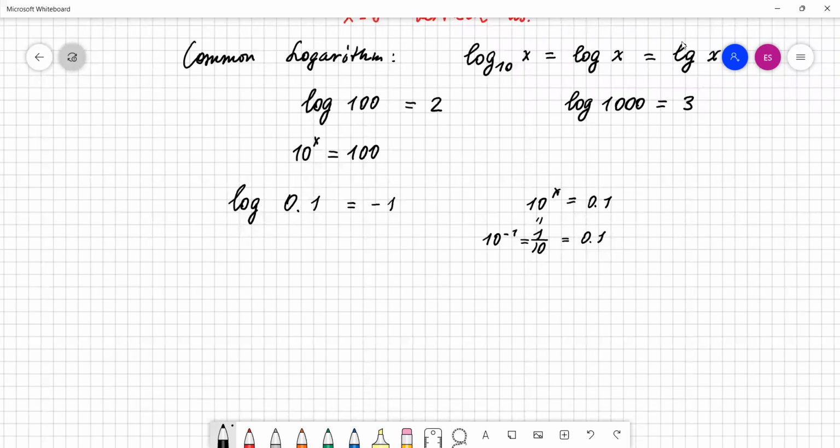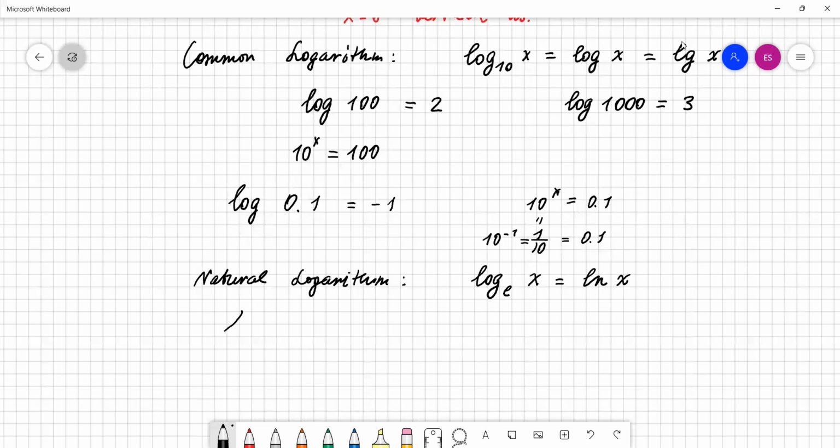So what other special logarithm do we have? We have the natural logarithm, another interesting logarithm. The base is e, the base of natural logarithms. People write it as ln of x, and there is no second notation.